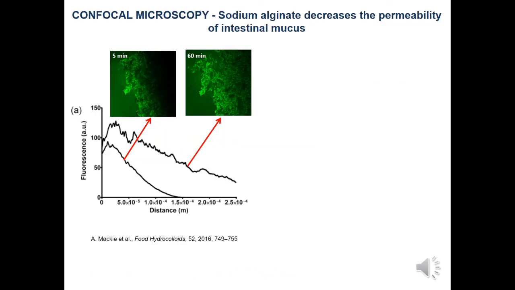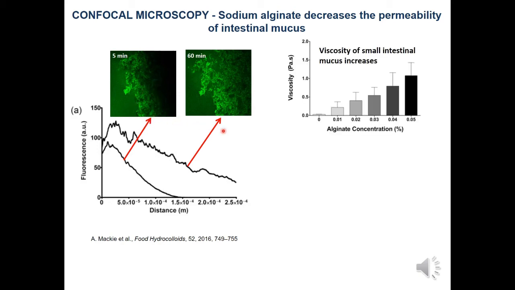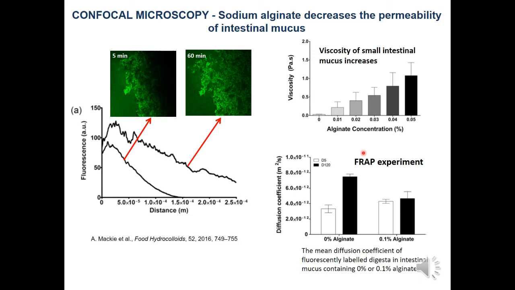A similar filtering effect of mucus was observed before, when sodium alginate was penetrating inside the mucus layer. The incorporation of alginate was used in order to increase the overall viscosity of mucus. And then the diffusion coefficient of lipid digesta inside the mucus was measured, especially for the lipid digesta produced after 120 minutes of duodenal conditions.